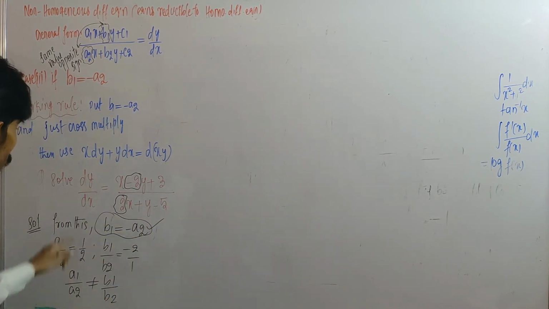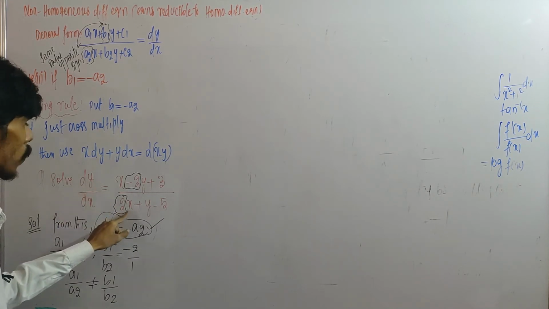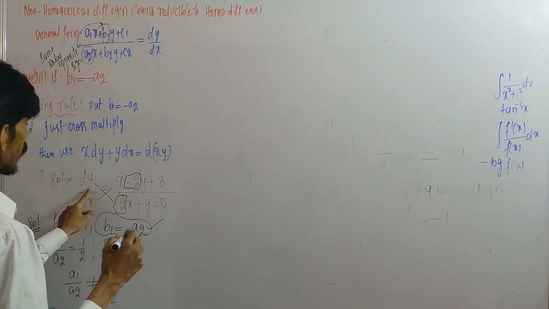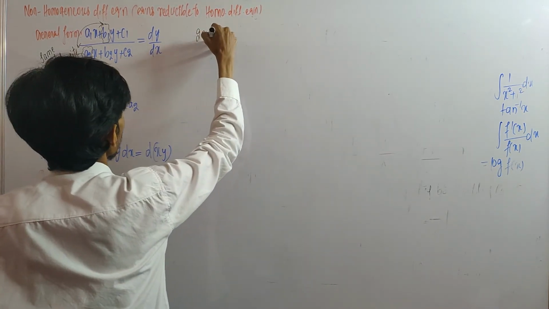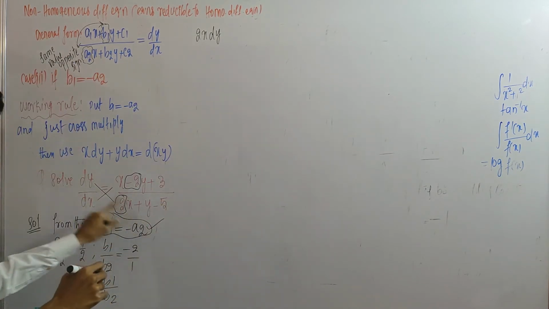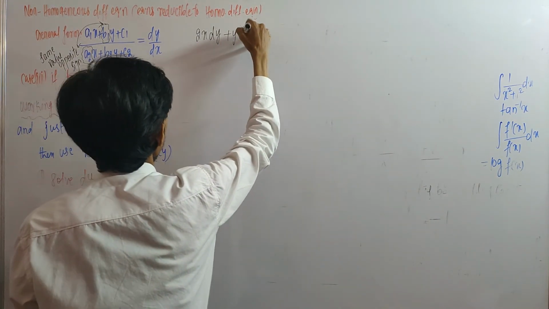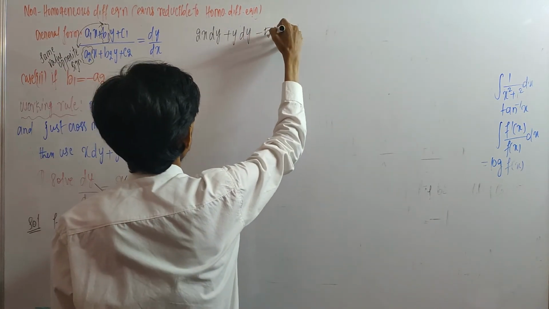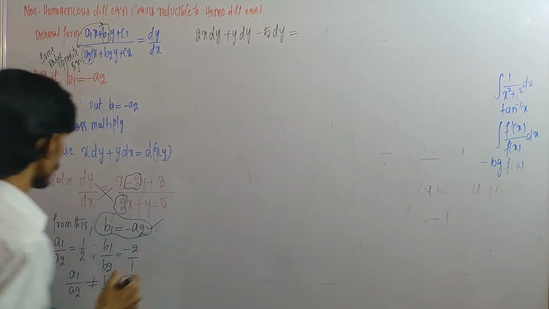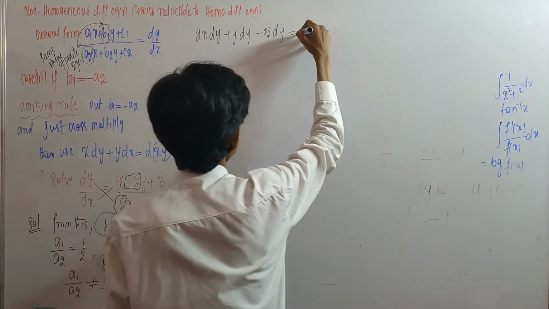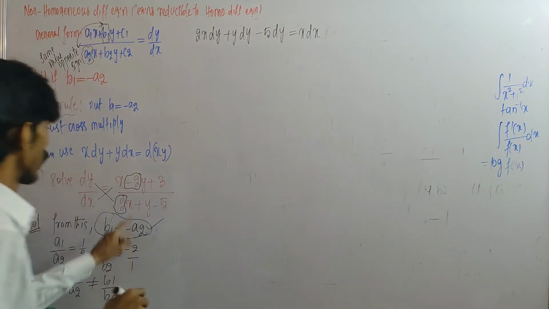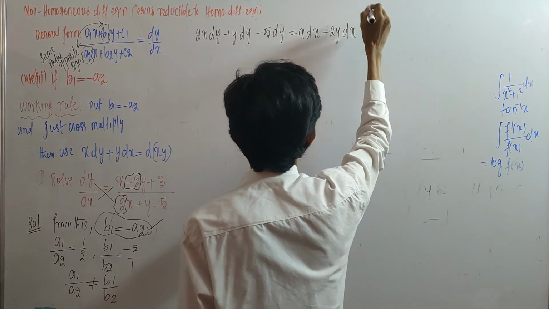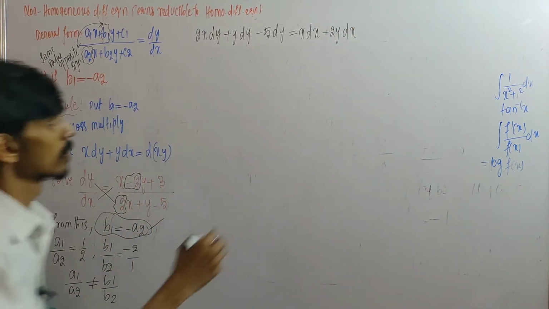Now cross multiply. Here I have dy into 2x plus y minus 5. Cross multiplying, we get 2x dy, y dy, minus 5 dy is equal to x dx, minus 2y dx, plus 3 dx.